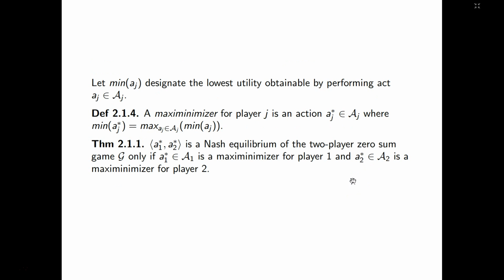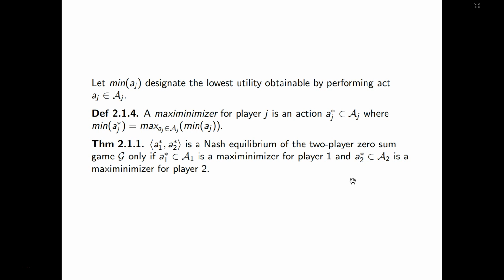So let's let min aj designate the lowest utility obtainable by performing an act aj in the set of action profiles for j. A maxi-minimizer for player j is an action a star j where the min of a star j is the maximum minimum for all action profiles of j. It's the maxi-minimizer for j.